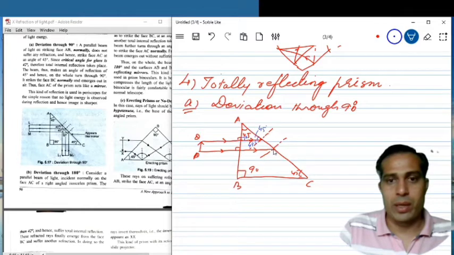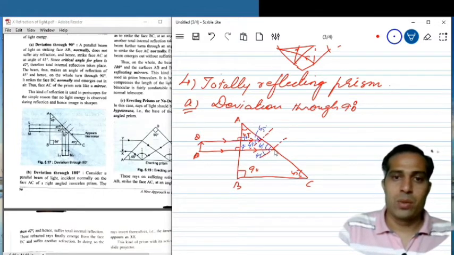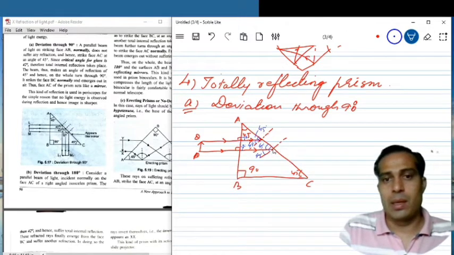If you see this triangle, this angle is again 45, this angle is 90, so the remaining angle is also 45, because this total is 90. So if this one is 45, the remaining will be 45. So at surface AC, 45 is the angle of incidence.